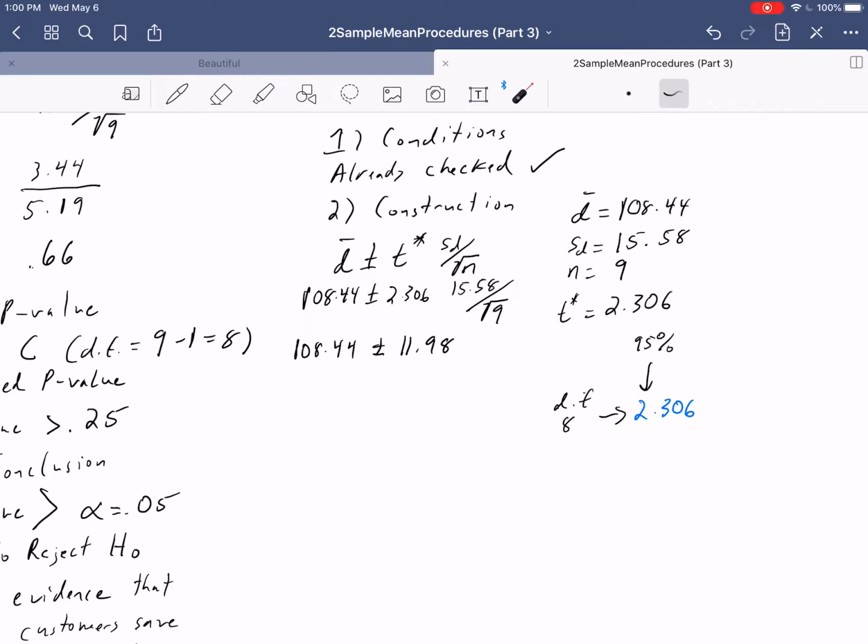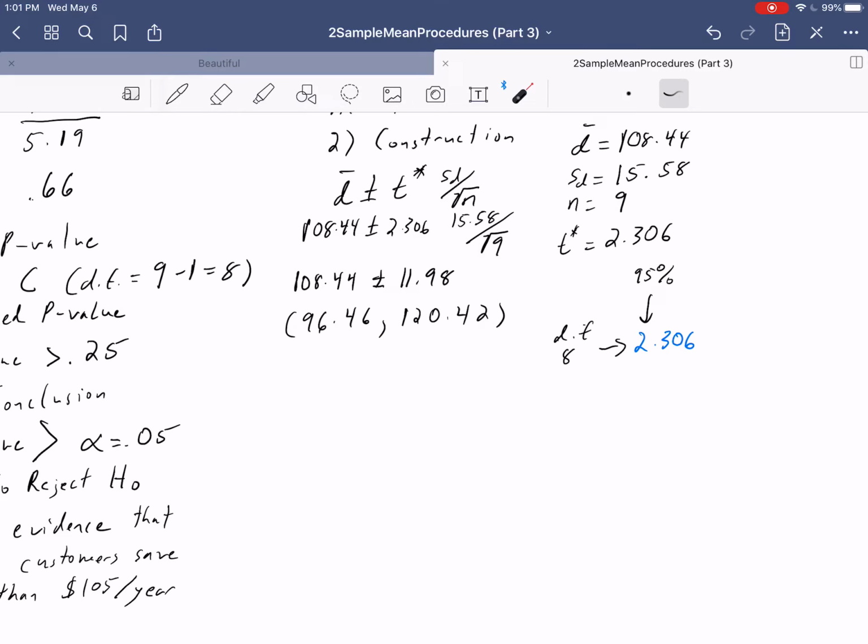So 108.44 minus 11.98. And on the low end, we should get 96.46. And then on the high end, 108.44 plus 11.98. Looks like we should get 120.42. So this range right here gives us what we think the average savings is.